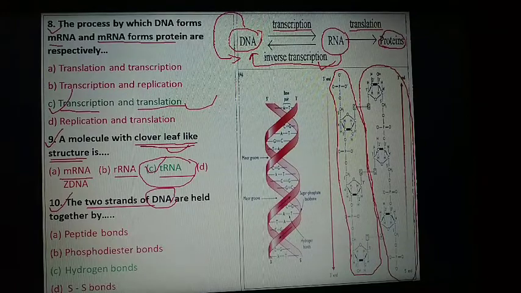These strands are held together by which kind of bond? The answer is C, hydrogen bonds. Here you can see the two strands are held together by hydrogen bonds.